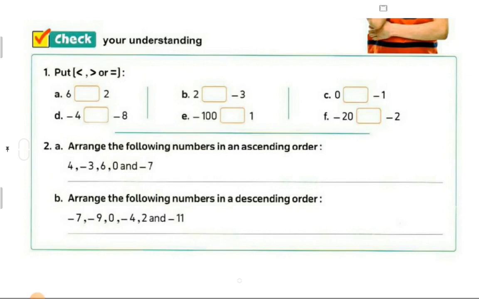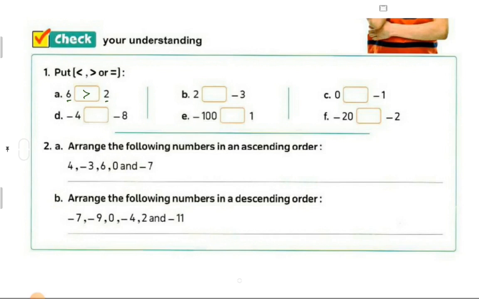We will check our understanding about comparing integers. Okay? Question number 1, put greater than or less than or equal. 6 and 2, it's easy. It's two positive digits. 2 and 6, of course, 6 greater than 2.